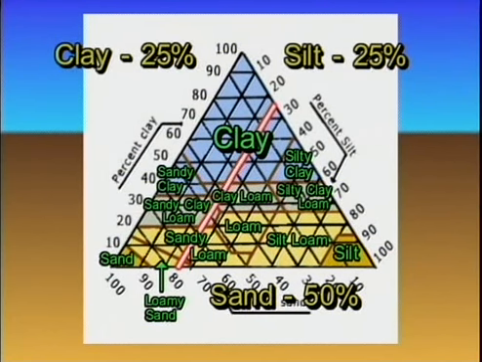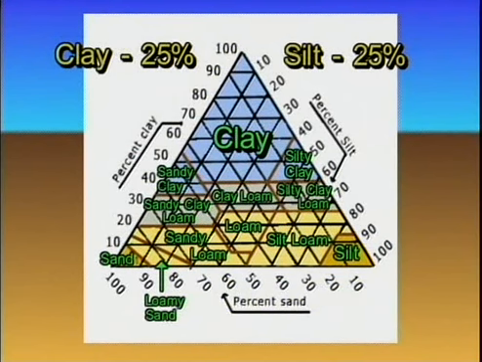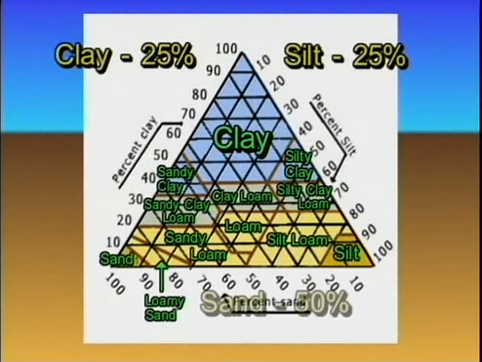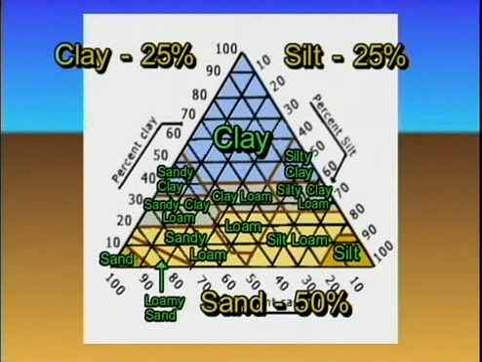So in that example that I just gave you, we said we had 25% silt and 25% clay. Well, obviously, if we have 25% of both silt and clay, then that means that the sand percentage must be 50%. So we could use any two of those three numbers, the 25% for silt, the 25% for clay, or the 50% for sand. Any two of those should bring us to the same point on the triangle.